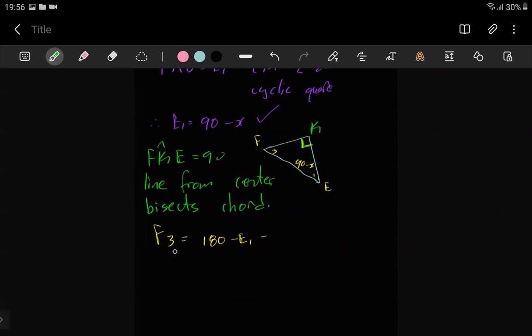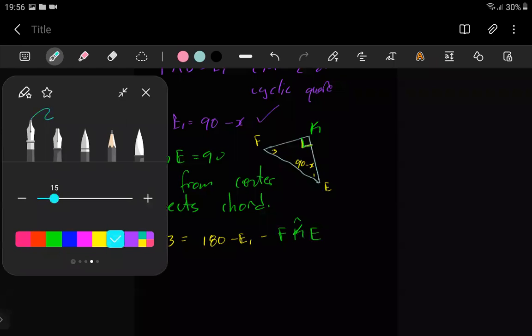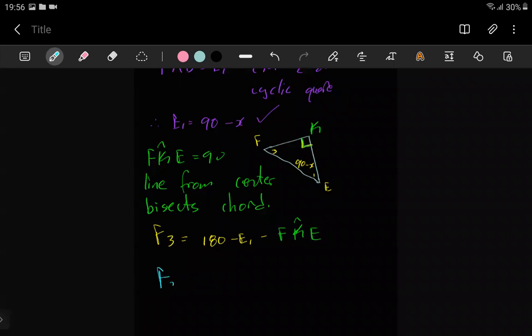So here we're saying F3 is equal to 180 degrees minus E1 and then minus FKE. So if you write out the information, F3 is equal to 180 minus E1. This is where we have to be careful. Brackets are important. There's 90 minus x here, and then here, this is a 90-degree angle.